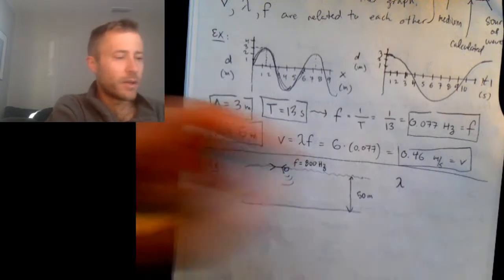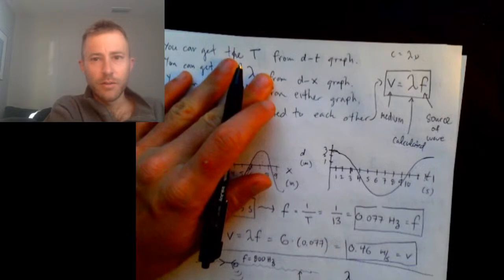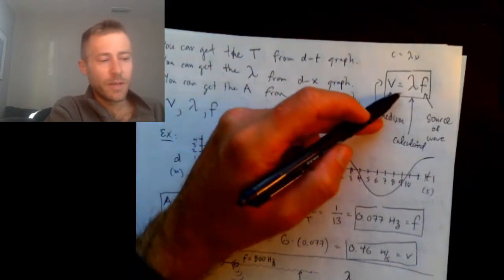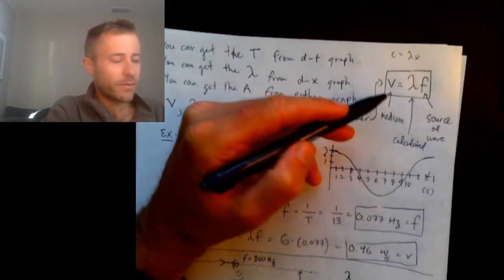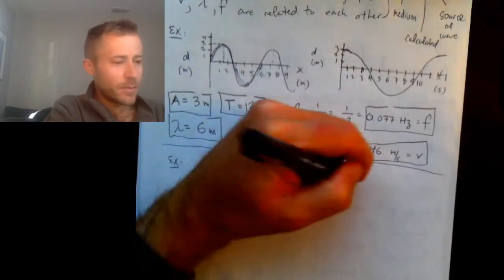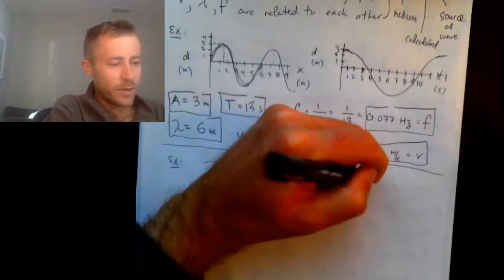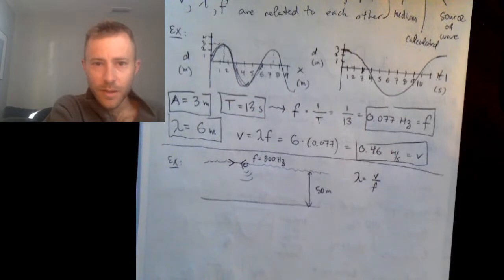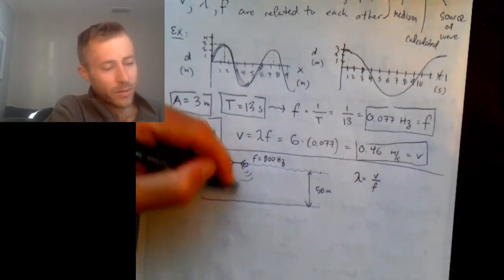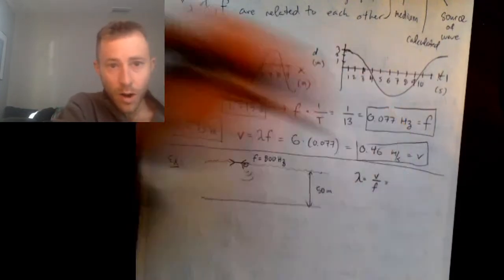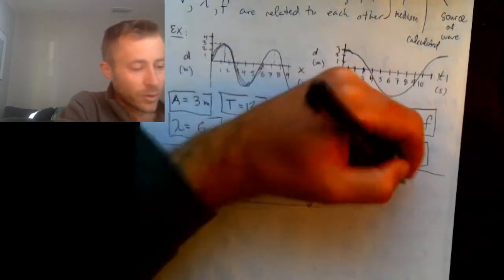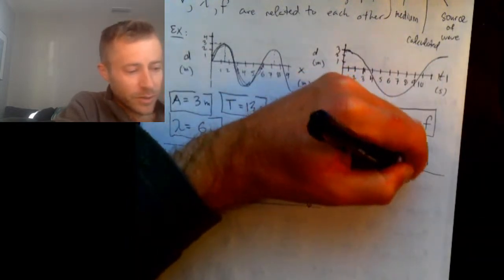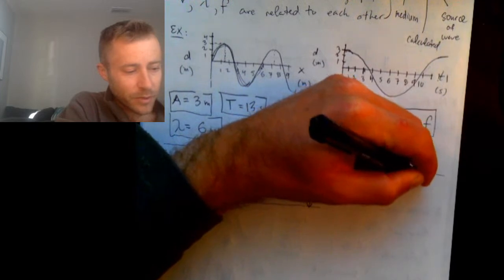sound? Well, if we take the equation v equals lambda f, and we divide both sides by f, we get that lambda is the wave speed divided by the frequency. This is a sound wave that is traveling through water. So the speed is going to be 1500 meters per second.